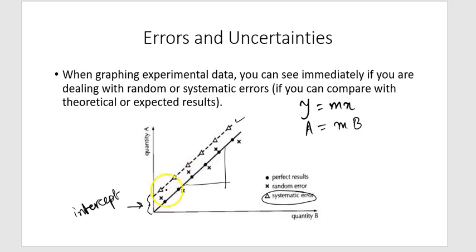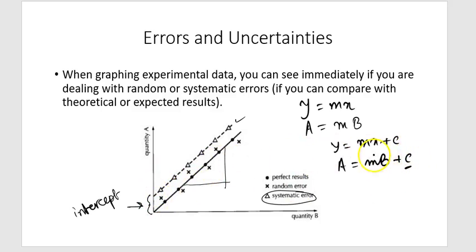One thing to note is that in certain cases, the equation is actually of the form y equals mx plus c, and the original equation itself has an intercept. So for that, the line of best fit will not be a straight line through the origin. The line of best fit will actually have an intercept. So it's very important for us to look at what kind of variables a and b are, and does the functional relationship between them necessitate the presence of an intercept. If it does, then it's not a systematic error.